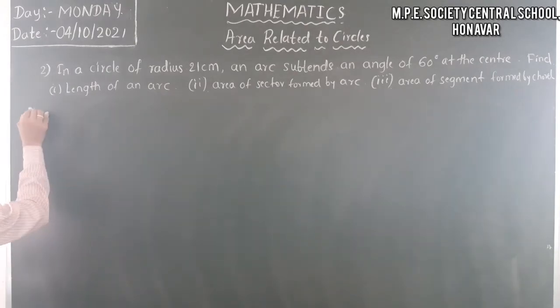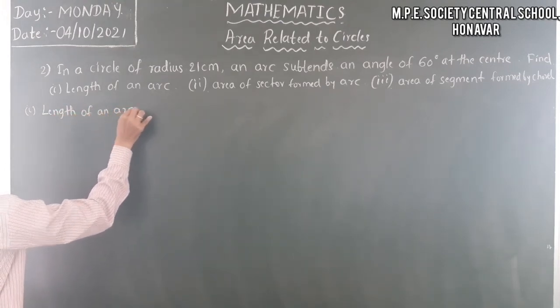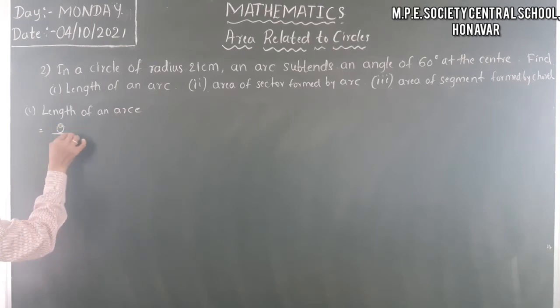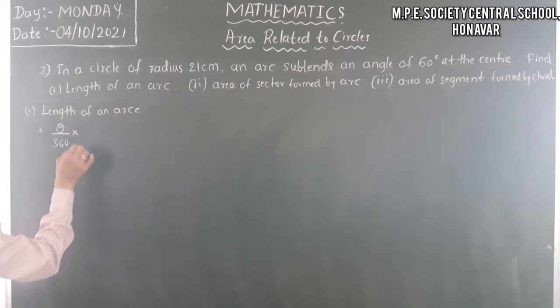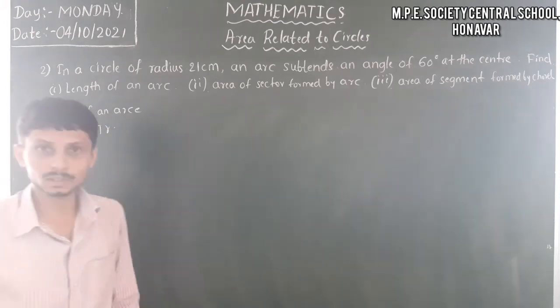Let's start from the first one, the length of an arc. The length of an arc is equal to theta by 360 into 2 pi. This is the formula to find the length of an arc.